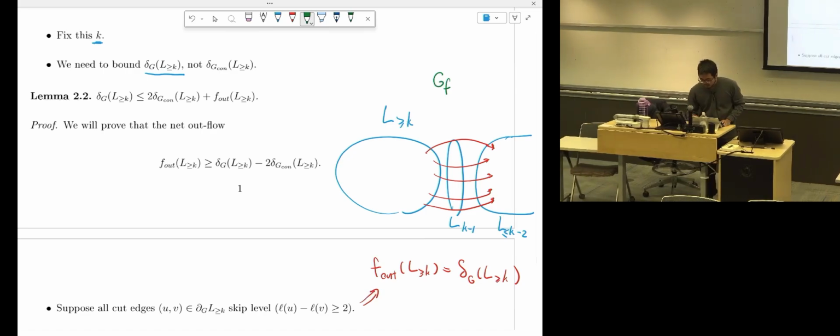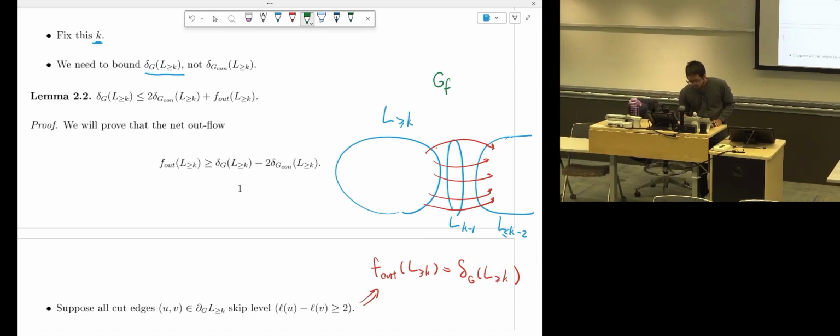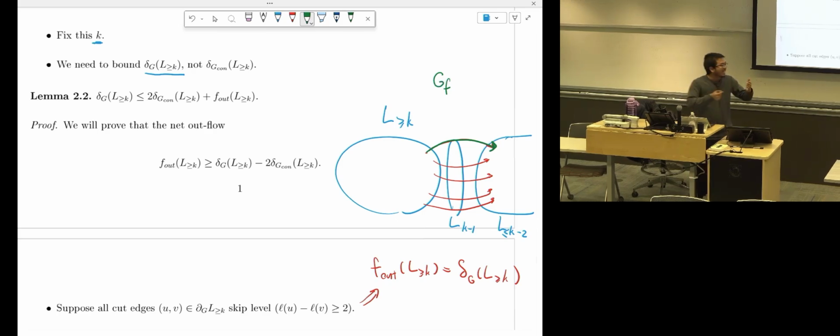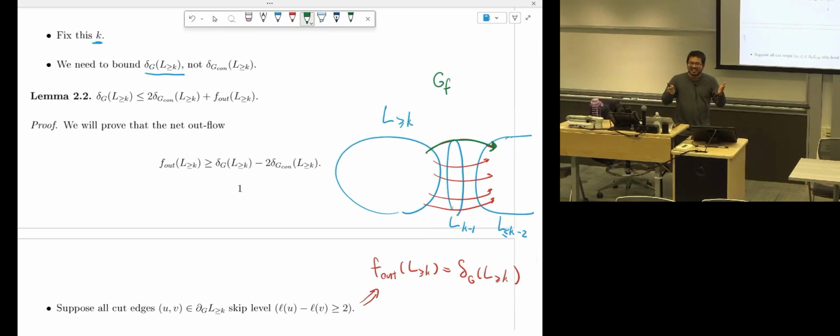But if you look at this edge, in the residual graph it goes in this direction. That would be overstretched, right? Because every edge has length 1, but now it skips a level.